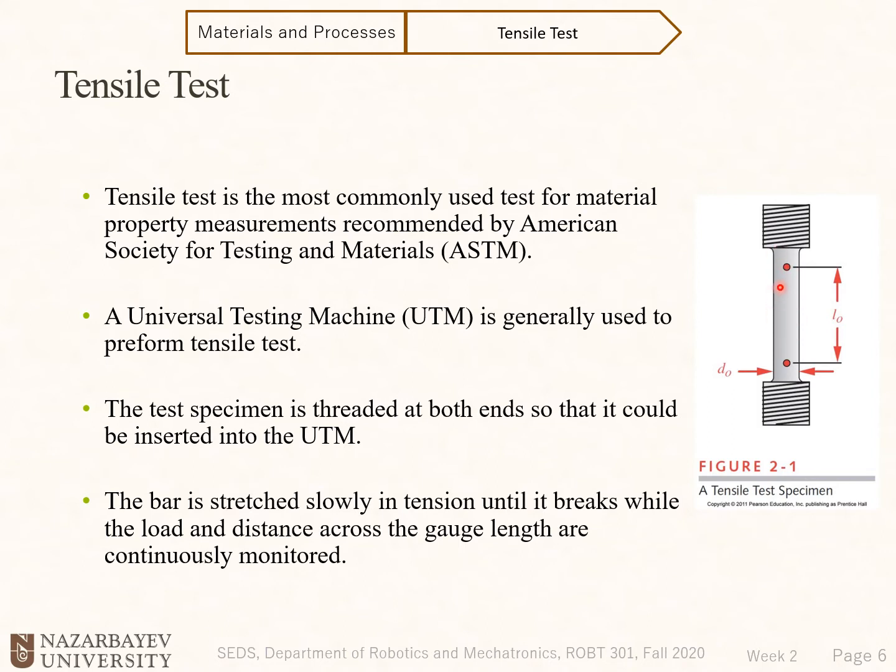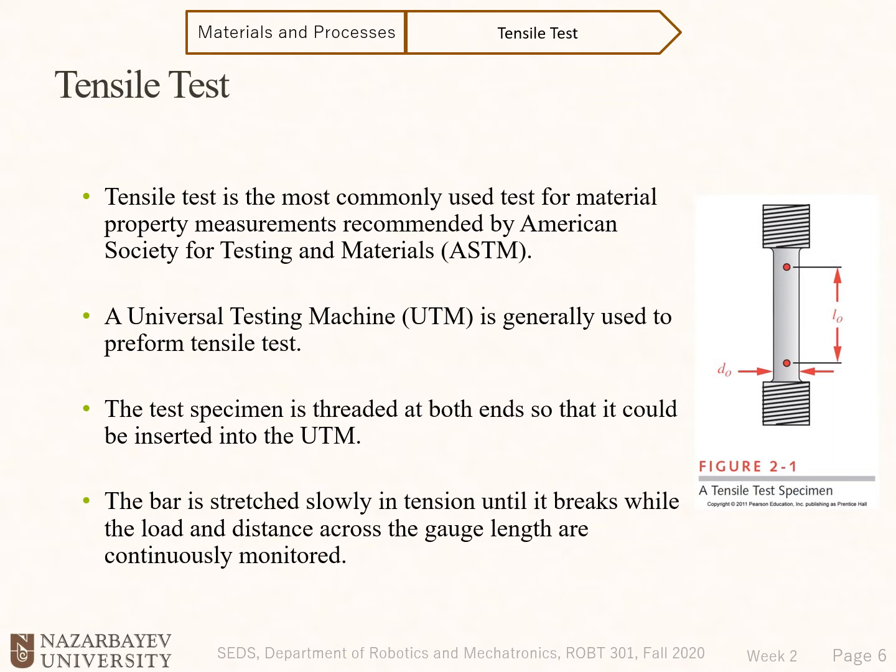So what do we monitor here? We monitor the distance across the gauge length and the bar. The tensile test is basically a force applied outward.